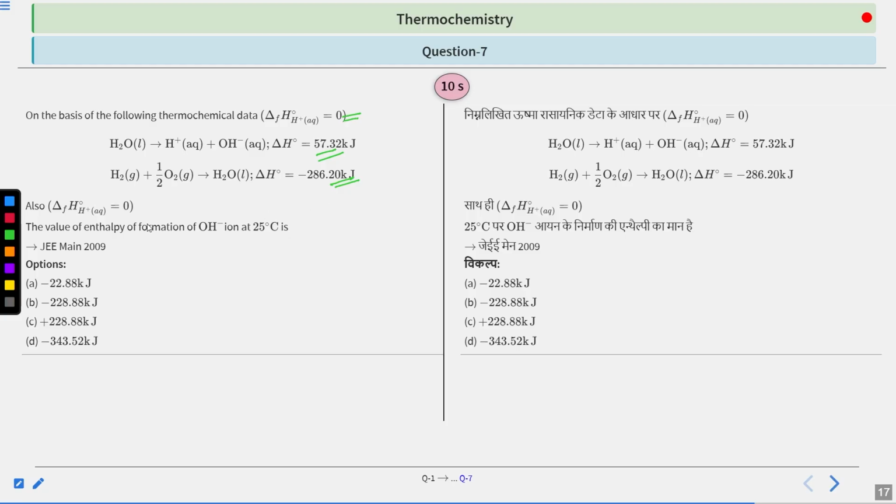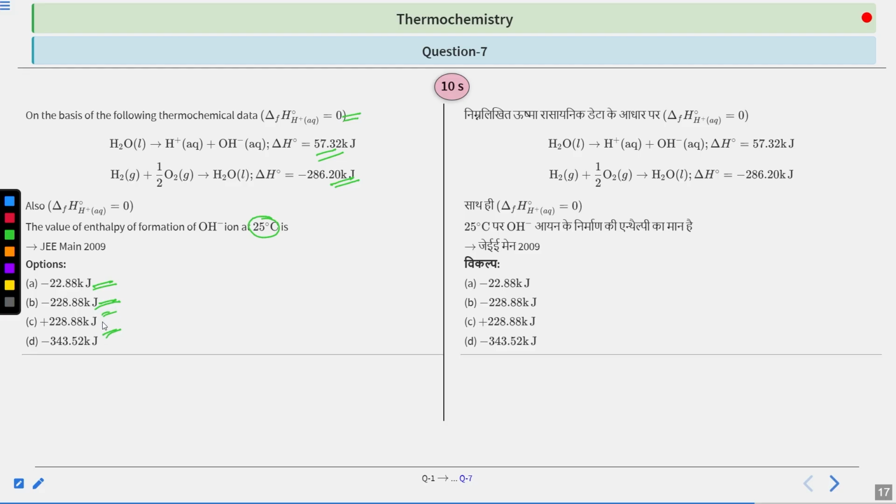Now, the value of enthalpy of formation of OH minus ion at 27 degrees Celsius is, your options are A, 22.8 kilojoule, B, plus 228.88 kilojoule, and C and D, minus 343.52 kilojoule. So these are your four options, right?